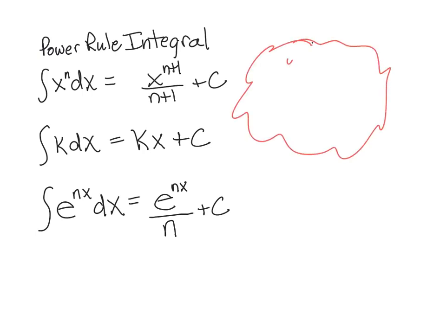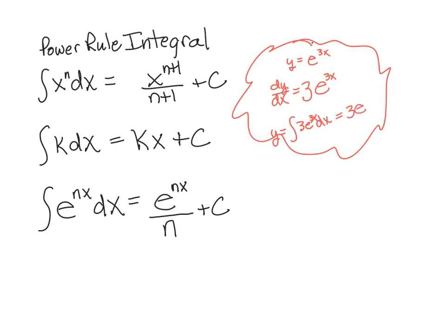If I have y equals e to the 3x, then the derivative of y is copy e to the 3x, but then I have to multiply by the derivative of the power. So if I integrate 3e to the 3x, which is my derivative here, then I'm going to keep the 3. It's going along for the ride.